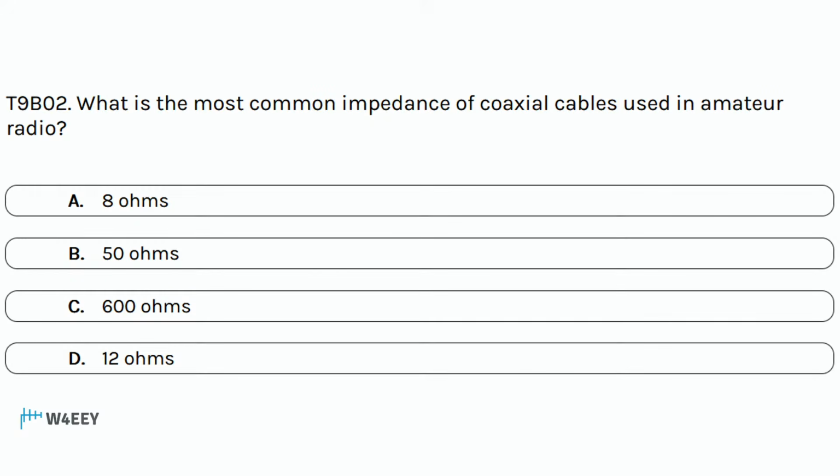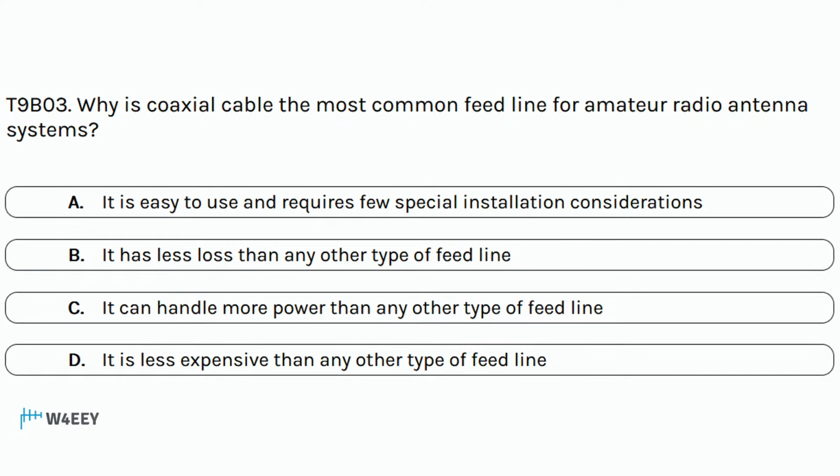Bravo. 50 ohm. Yep. And why is coaxial cable the most common feed line for amateur radio antenna systems? Alpha. It's the American way. It's easy to use and it requires few special considerations. We like easy.